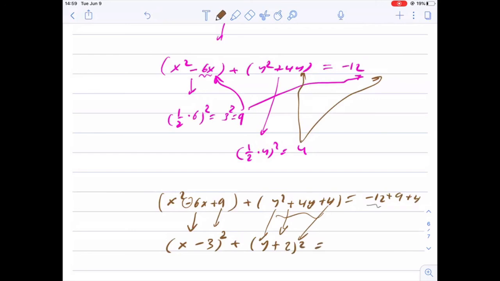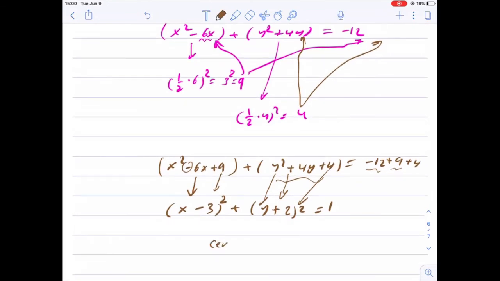And on the right hand side we have negative 12 plus 9, that's negative 3, plus 4 is 1. So the center is 3 and negative 2. We just change the signs of these numbers. And the radius is the square root of 1, which is 1. Now this represents a circle, an equation of a circle.